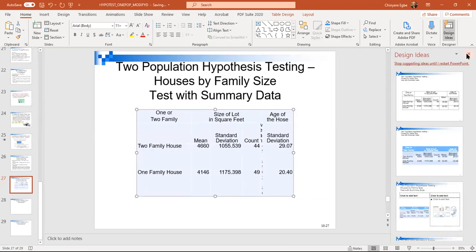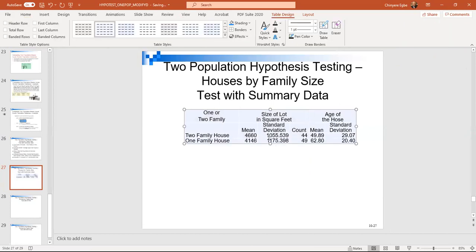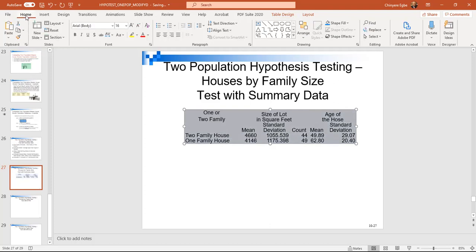All right, so here is the data. Hope you're seeing it clearly.